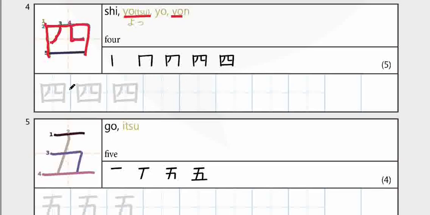Easy? Now, there's something that you have to be careful about with this kanji. Actually, most people make the mistake of not bringing this hand up. This hand is supposed to be there. You cannot just make a square like this. There has to be an outlet like this.